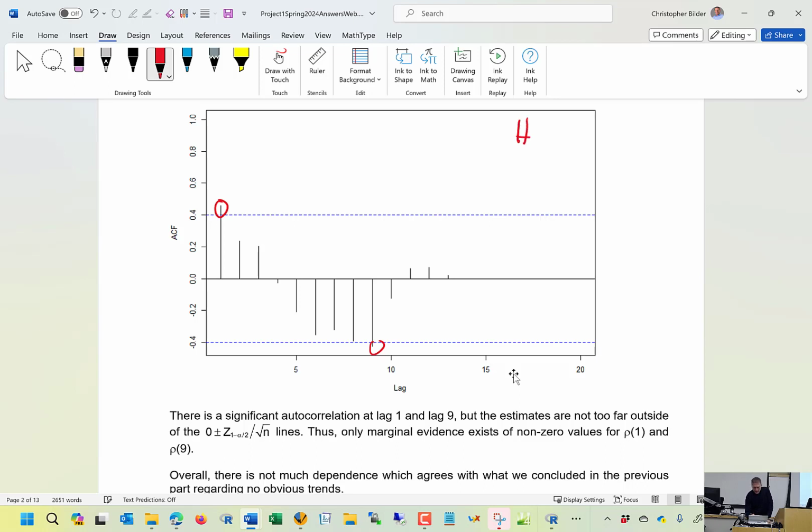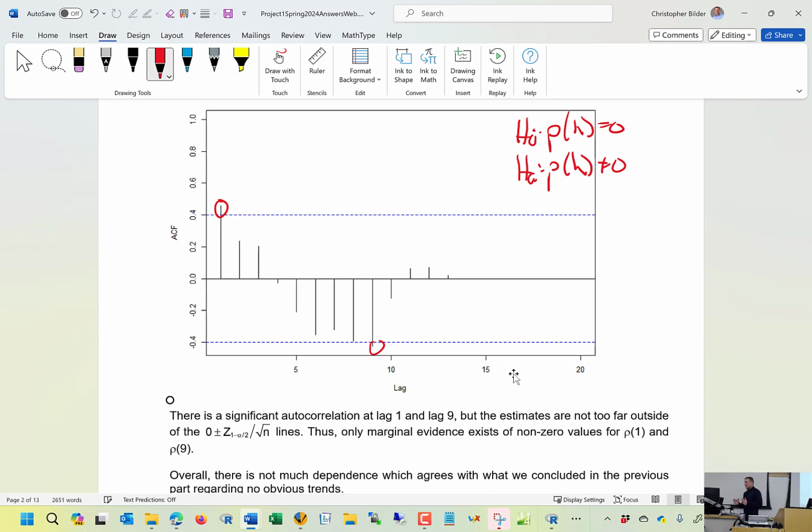Our hypotheses are rho of h equal to 0 versus rho of h not equal to 0. By default, these lines are drawn using alpha 0.05. Okay? For h equal 1 and h equal 9, you should say reject H0, because the estimated autocorrelation is outside those boundary lines.